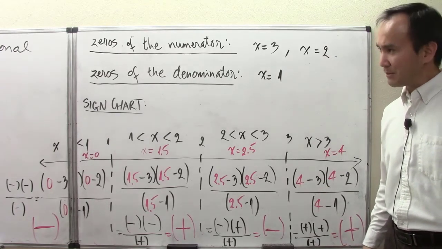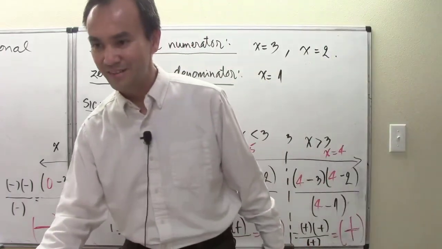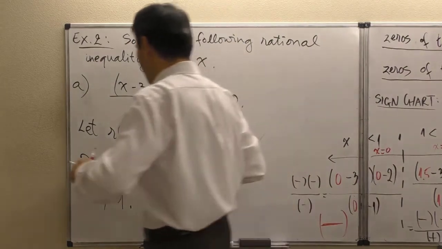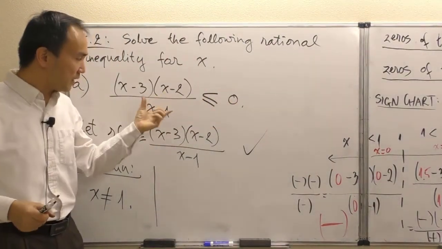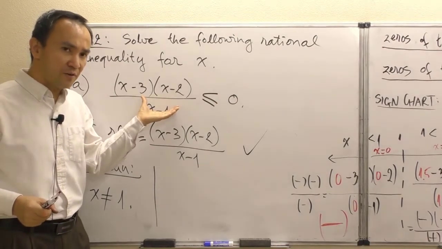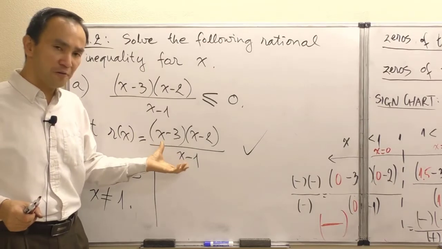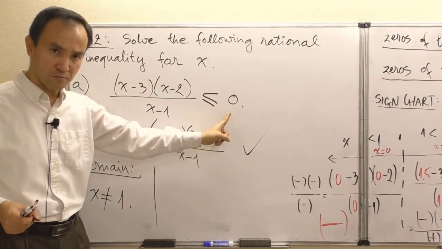Let's get back to the other board and try to precisely answer our question. The problem is asking us to find the interval or intervals of x that make this rational function primarily negative, below 0.